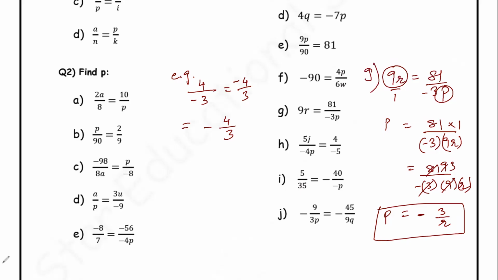Doesn't matter. So this answer could also be 3 upon negative R. Mathematically this is also correct, but we don't usually represent it this way. It's either that way or that way. Got it?